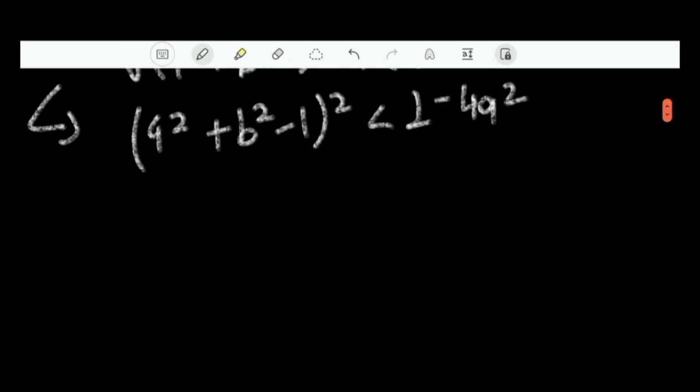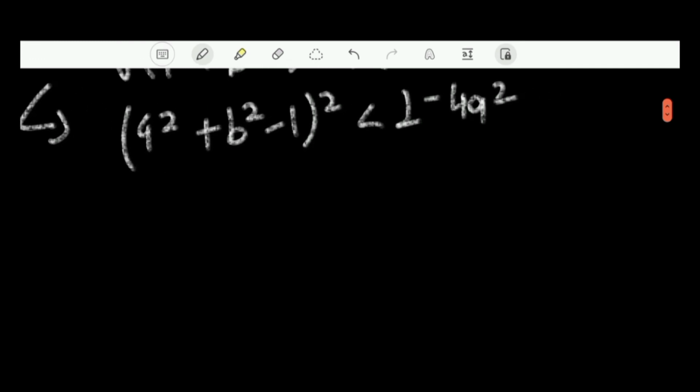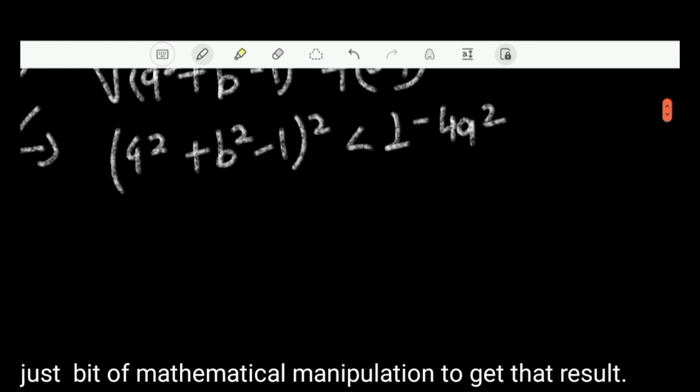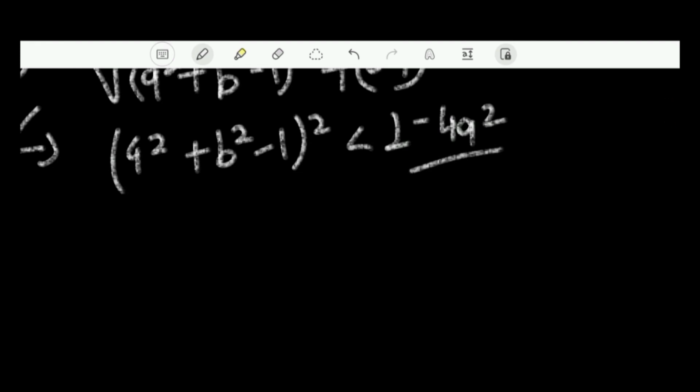So first let's add the 4b square term on the right side because it's not there for now.